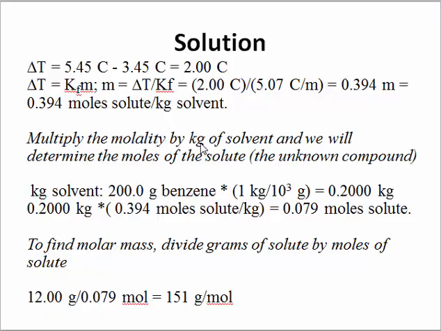Multiply the molality by kilograms of solvent and we can determine the moles of solute, which remember is our unknown. 200 grams of benzene is 0.2 kilograms. Multiplying by the molality, we have 0.079 moles of solute. We can then find molar mass by dividing grams of solute by moles of solute. 12 grams over 0.079 moles gives a molar mass of the solute of 151 grams per mole.